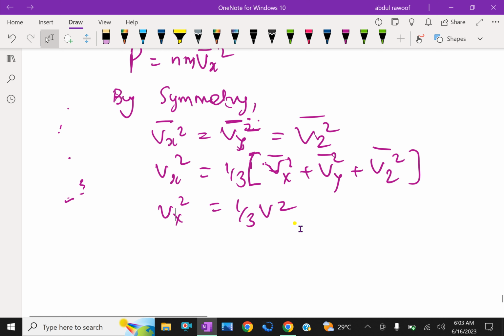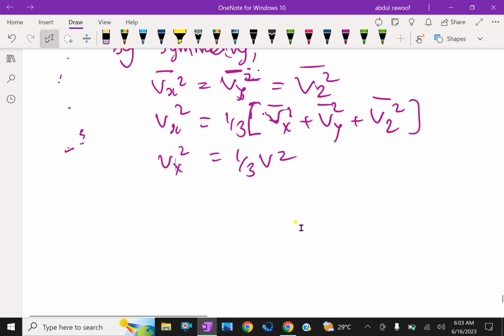Now we can write the pressure on the wall as 1/3 times the number density n, times the mass of each molecule m, times the average V square.